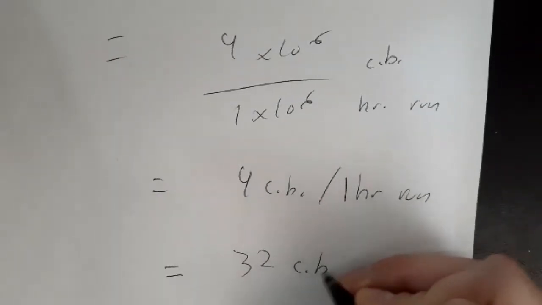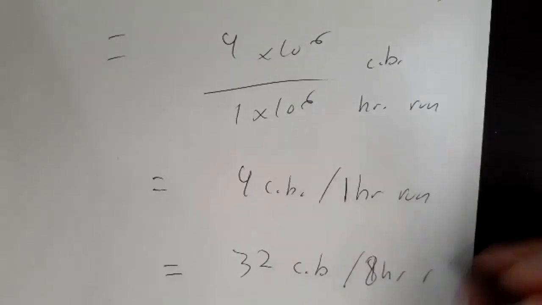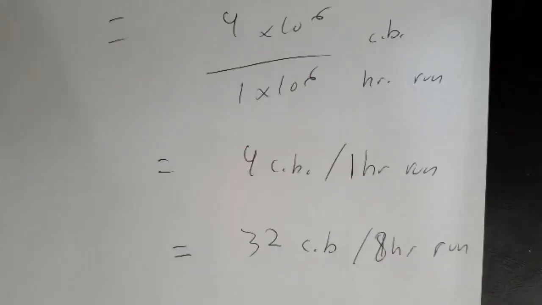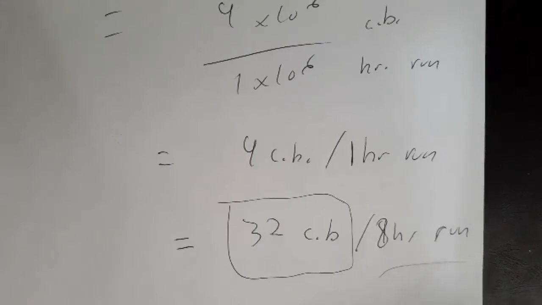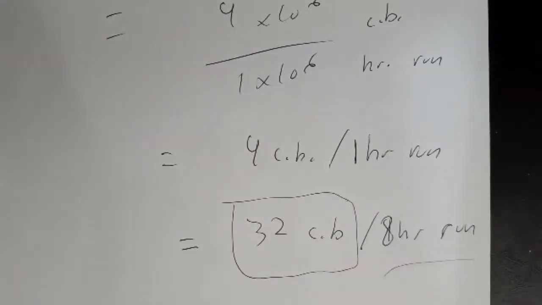Yeah, so 32 candy bars for every 1 hour of running, or 8 hours. Wait, so the answer is the 32 or the 4? The answer should be the 32, okay. For the 8 hours. Okay. It's 4 candy bars for the 1 hour. For the 1 hour, okay. Yeah.